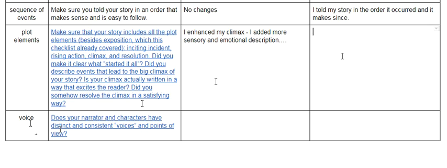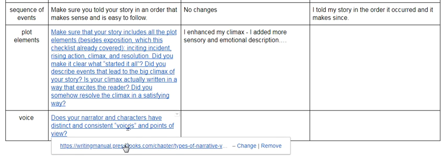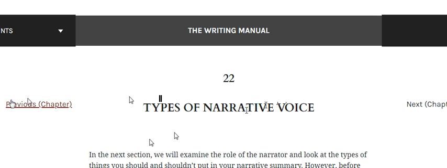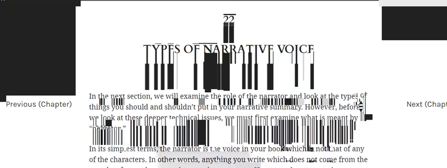Finally, voice is the last thing you're going to look at. And this means, do your narrator and characters have distinct and consistent voices and points of view? What does that mean? We haven't talked a whole lot about this one yet, so it's probably pretty important that you take a look at this link. Types of narrative voice.